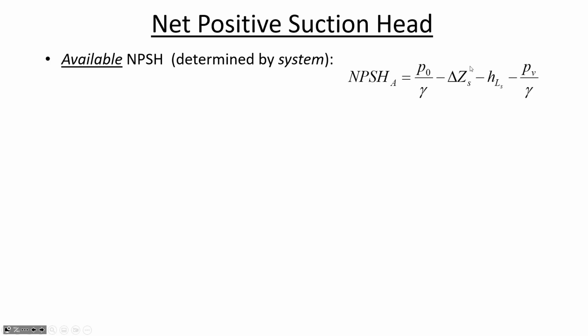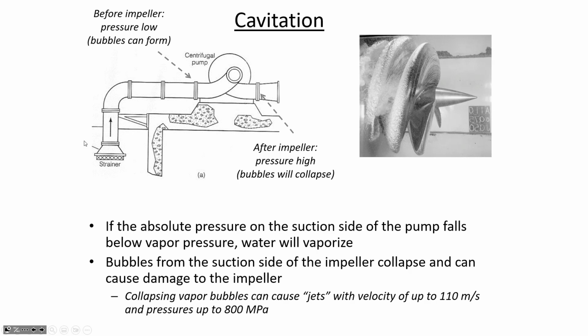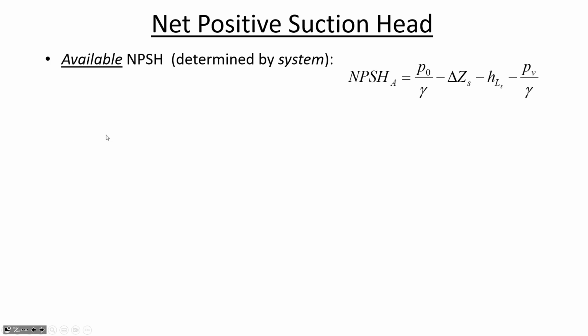Then you'd subtract out the elevation head difference between the water elevation and the location of the pump. So Z sub S would simply be the distance between the water and the pump. So how far does the water have to be lifted vertically up is the delta Z S. Now H sub L on the suction side is the cumulative friction and local losses, but only on the suction side of the pump, because it doesn't matter what's going on upstream, after the pump.